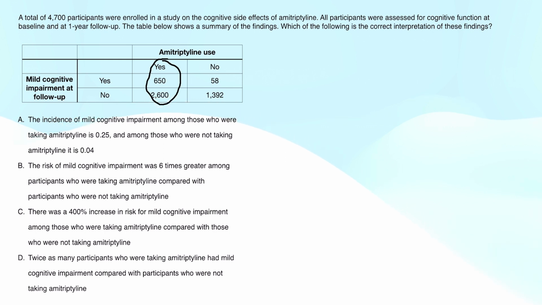But you gotta be careful. When you're calculating the incidence here, it's going to be 650 divided by the total number of exposed people, or the people who used amitriptyline, because those are all the people that are at risk of developing mild cognitive impairment.